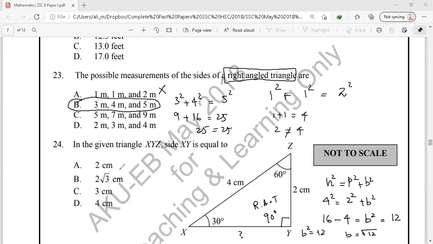We do not have any option that represents square root 12, so let us factor 12 as 4 multiplied by 3. The perfect square root of 4 is 2. So b would be equal to 2 square root 3. So the correct option in question number 24 is option B, that is 2 square root 3.